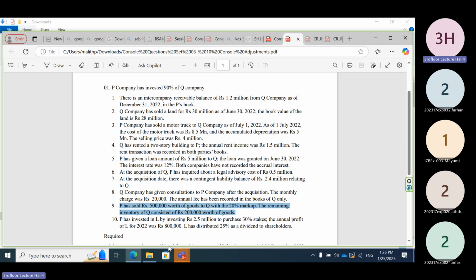And you need to understand this scenario. P company and Q company. Like previously, you need to understand what the scenario is, what do you mean by unrealized profit. You should have a proper understanding. Let's say sales 500.